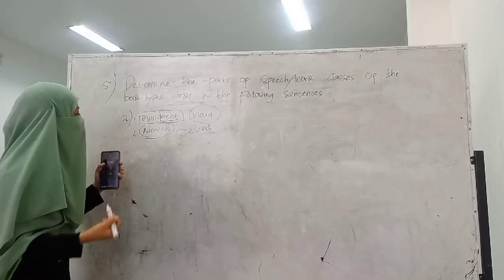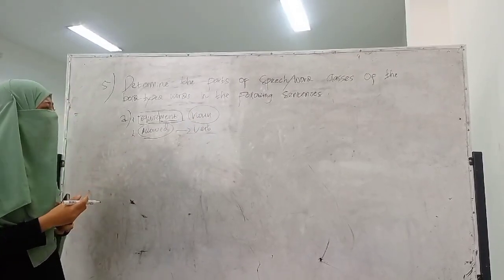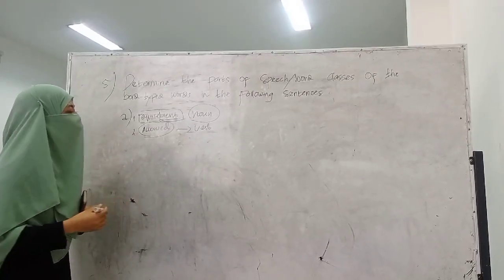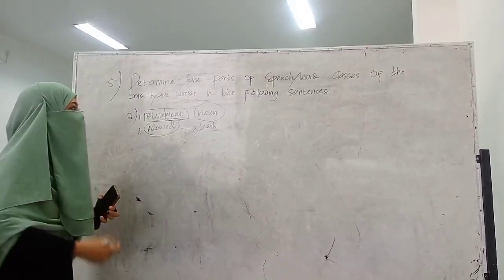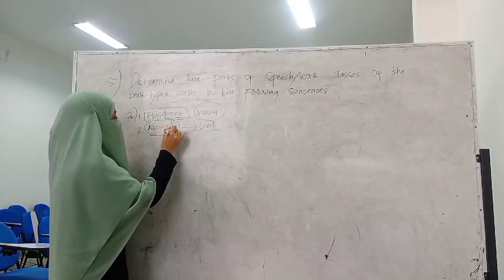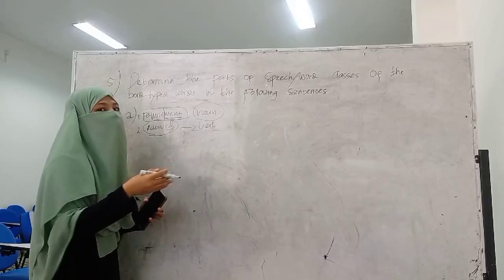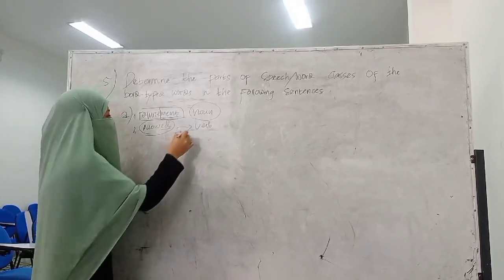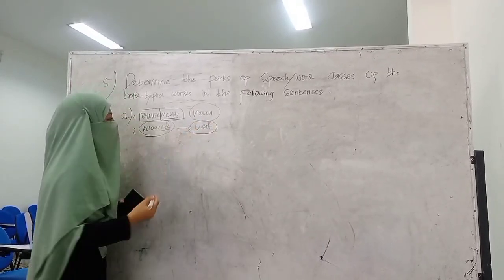And the second point is allowed. We can know that allow is a verb. So when we add ed, this past word, it's a verb. So allow is a verb.